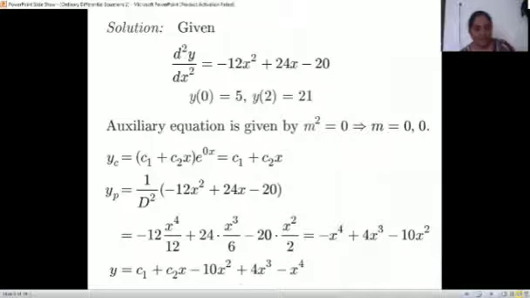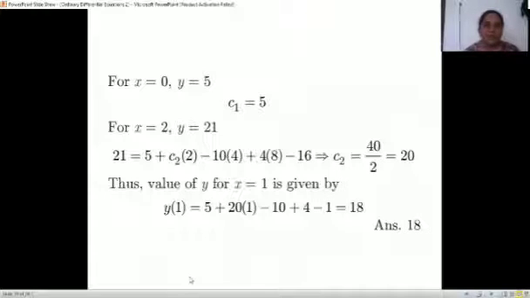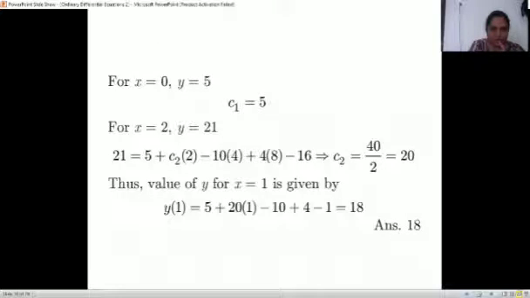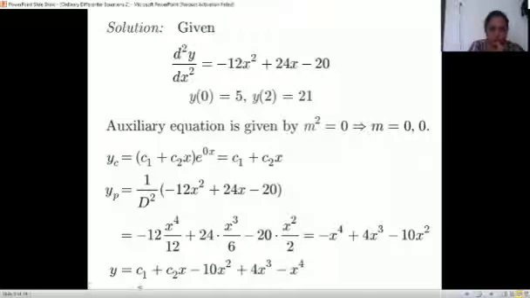Right? Therefore, y is yc plus yp. We have combined yc plus yp. Then we are using the conditions. For x is 0, y is 5. Putting this in the last equation, 5 is equal to C1, plus 0, 0, 0.